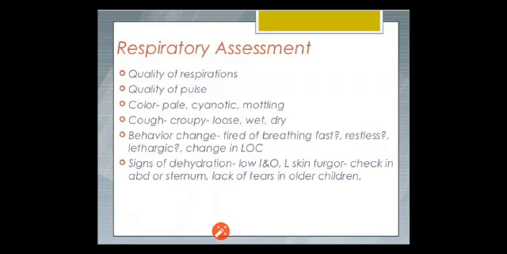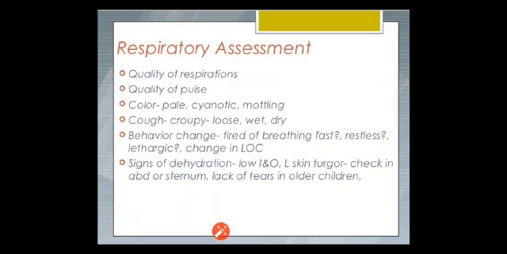Next, signs of dehydration. We have to check input and output. If there is respiratory disorder, there will be low input and output. Skin turgor will be thickened, scaly skin, so it seems like dehydrated skin. Okay.